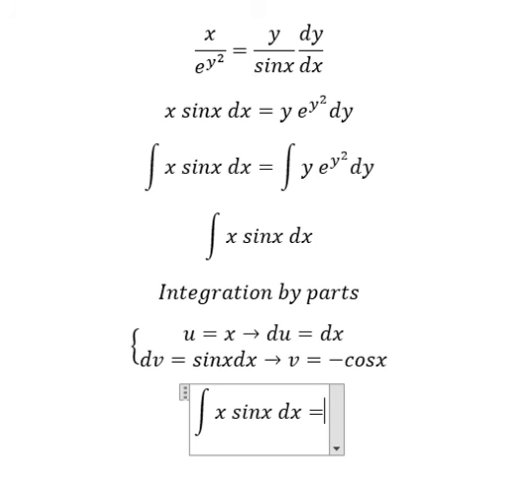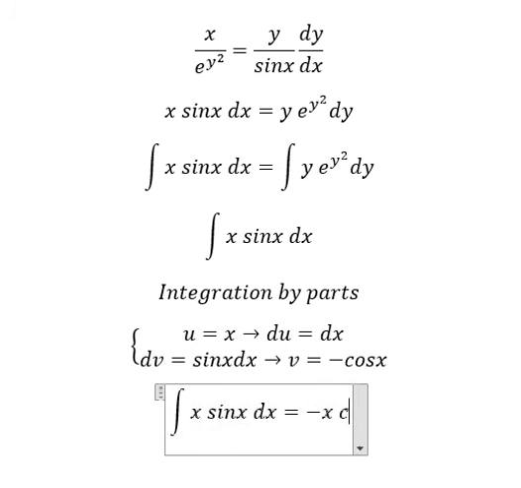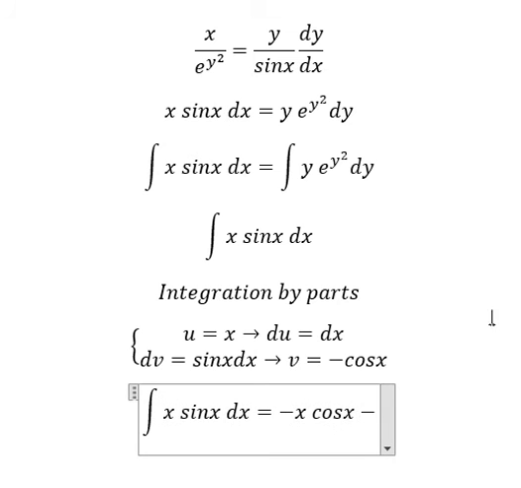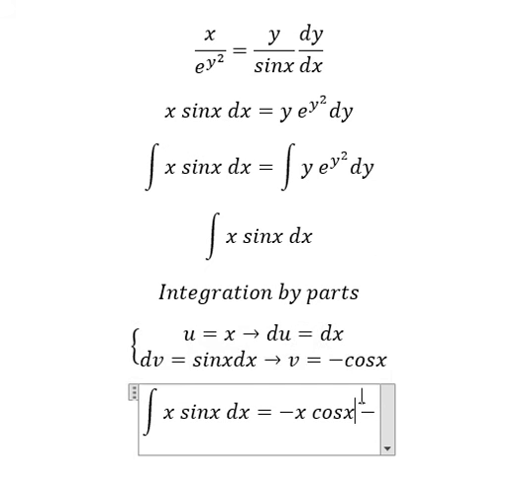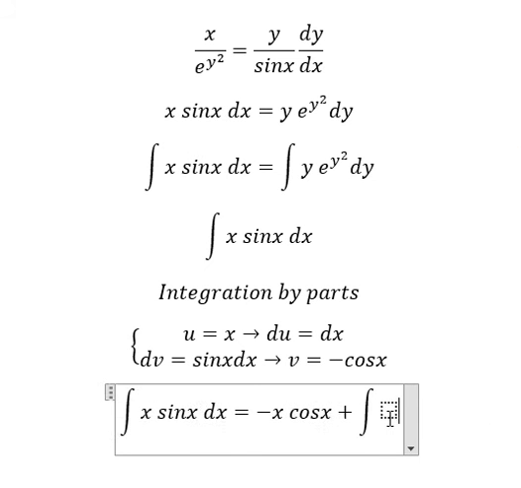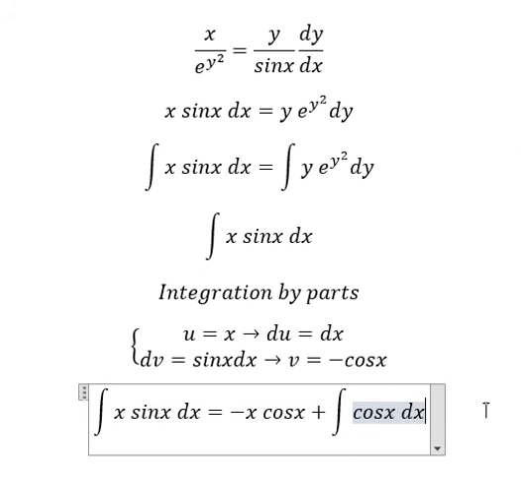So we have u multiplied by v, which is negative s cosine s, minus the integral of v du. Negative and negative gives positive, and now we have the integral of cosine s ds.